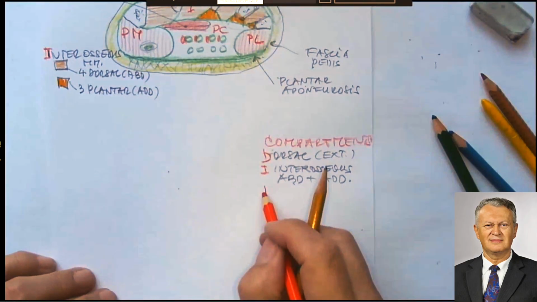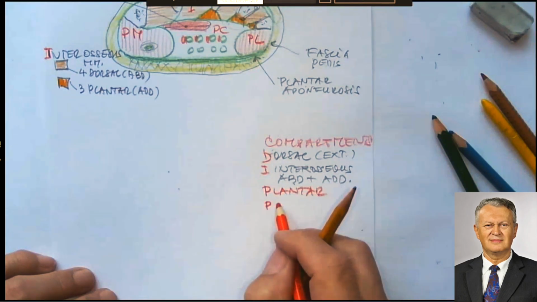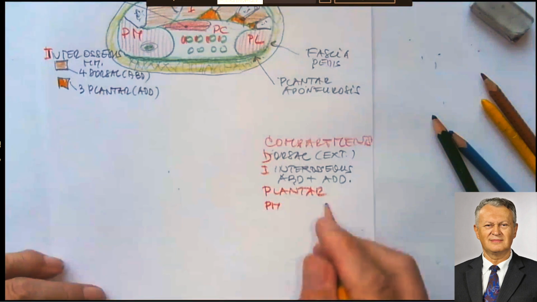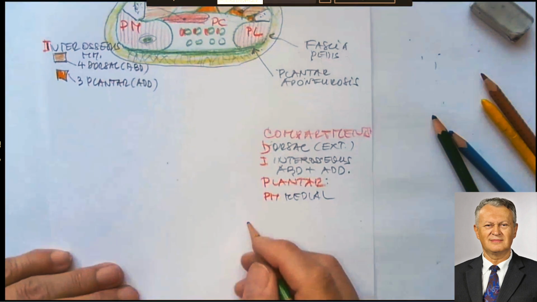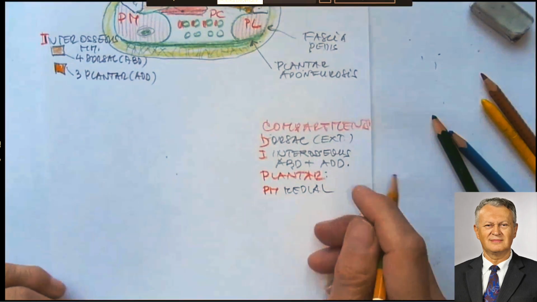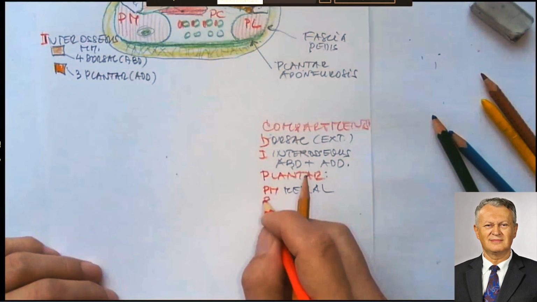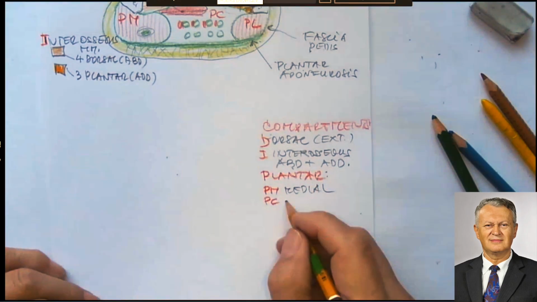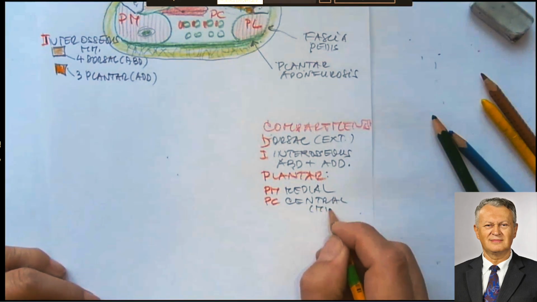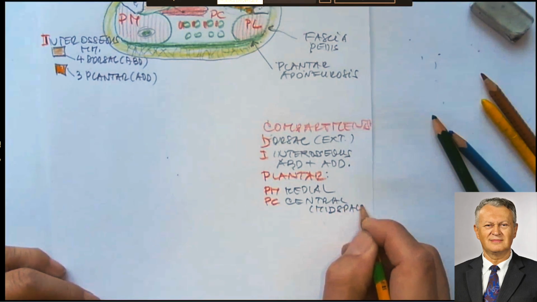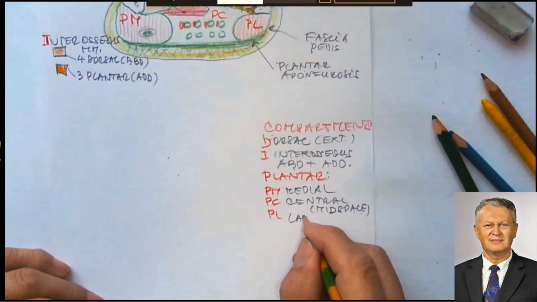Then follows plantar, just titled plantar. PM is plantar medial, muscles of the great toe, plantar intermediate or plantar central, also called mid space, and PL is plantar lateral.